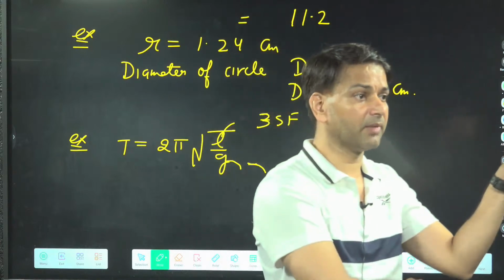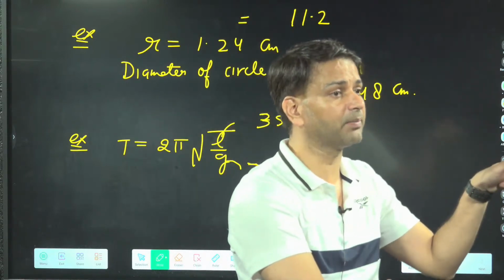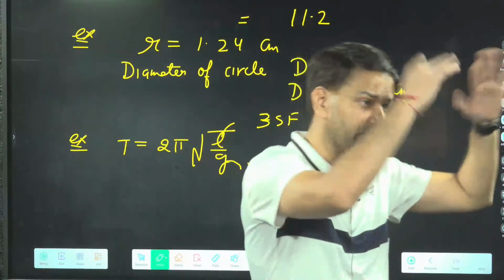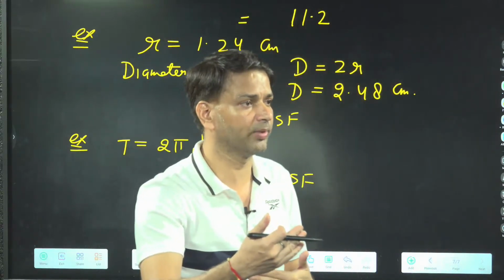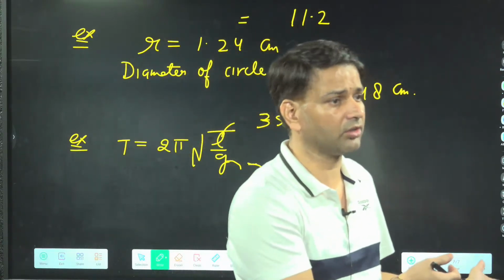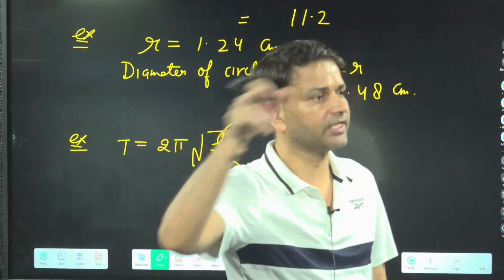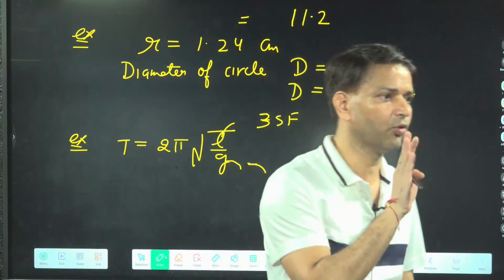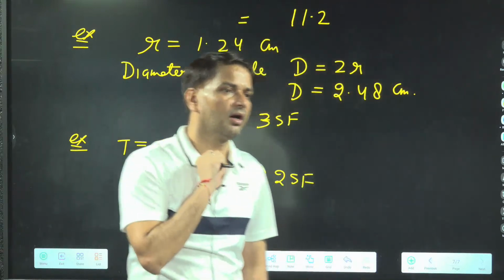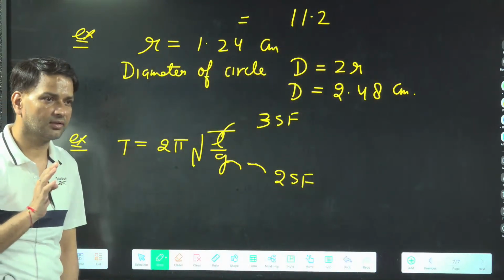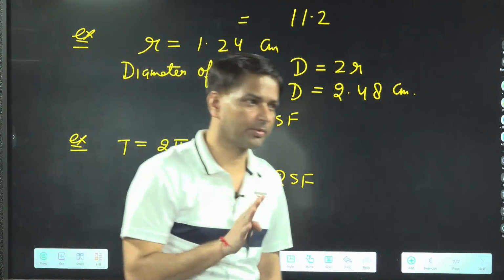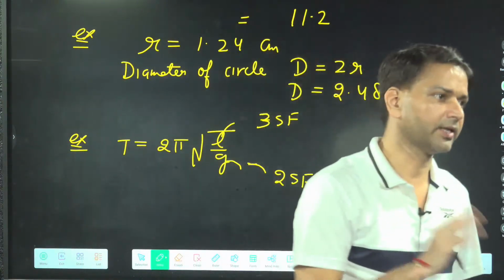I am multiplying by it because the cube has 6 faces. So 6 is only a multiplier, not experimental data. So that's why the surface area will have how many significant figures? 4 significant figures. Okay. Everybody got it or not? Okay.